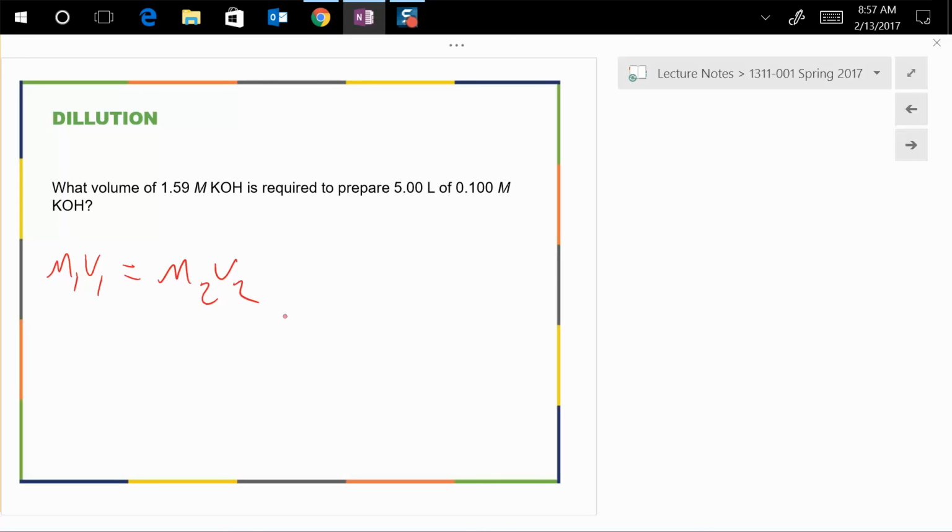Okay, so what am I solving for here? V1. I want to find the initial volume that would be required. How much of this do I need, which is my initial molarity, to prepare that over there, right?